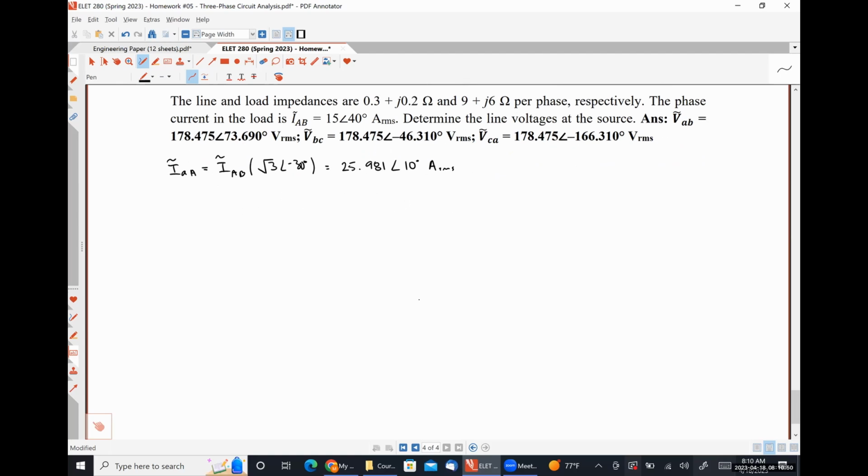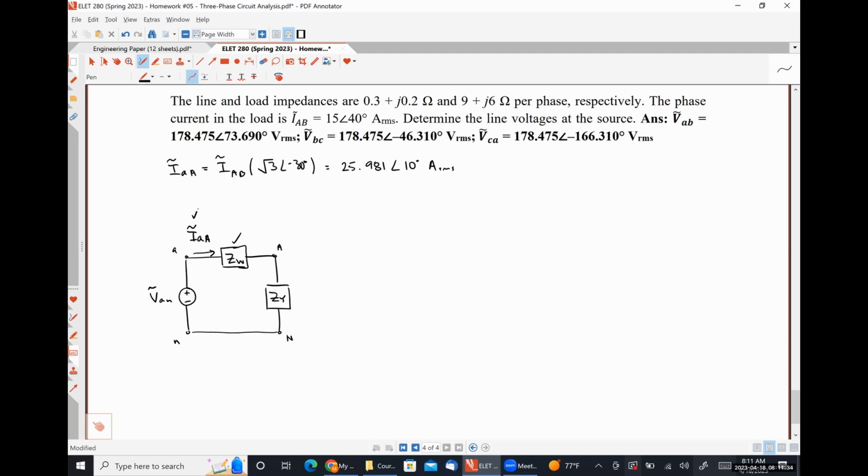So if we were looking at our single phase equivalent circuit, here's A, here's VAN, here's ZW, here's ZY, and we now have this current IAA.